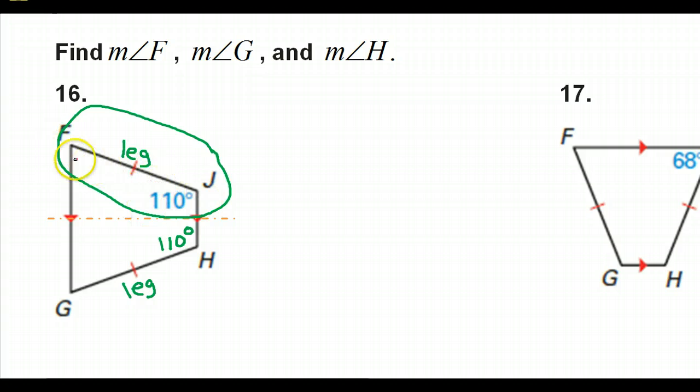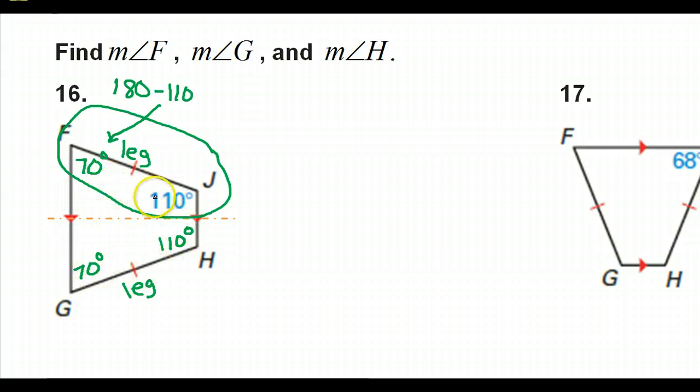Angles that are on the same leg are going to be supplementary. So I can just do 180 minus 110. That's going to be 70. So angle F here is going to be 70 degrees. And obviously this will be the same deal down here, 70 degrees.